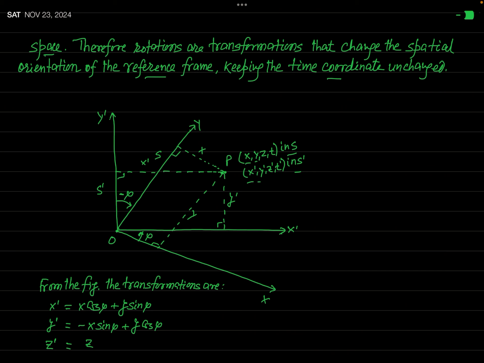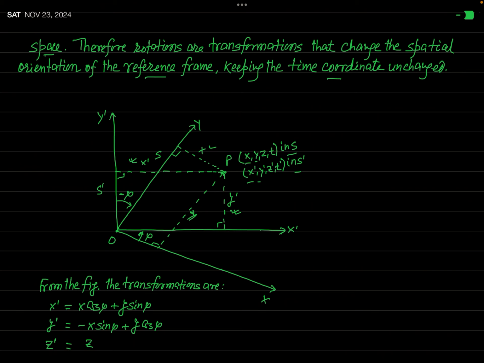I have shown the perpendiculars from point P on the x-axis and y-axis. The lengths of these perpendiculars represent the y coordinate and the x coordinate. Similarly, I have also drawn perpendiculars from point P on the x dash axis and y dash axis. So the length of this perpendicular is y dash and the length of this perpendicular is x dash.